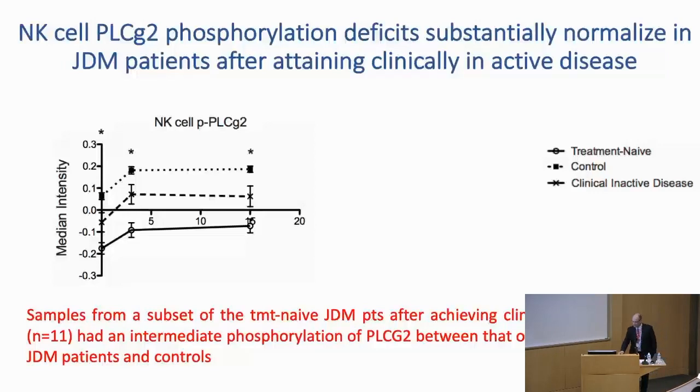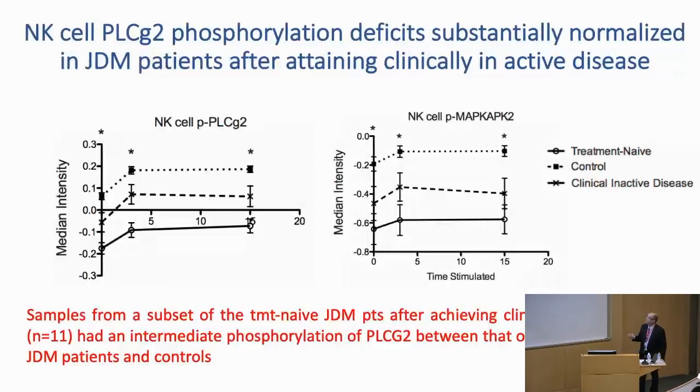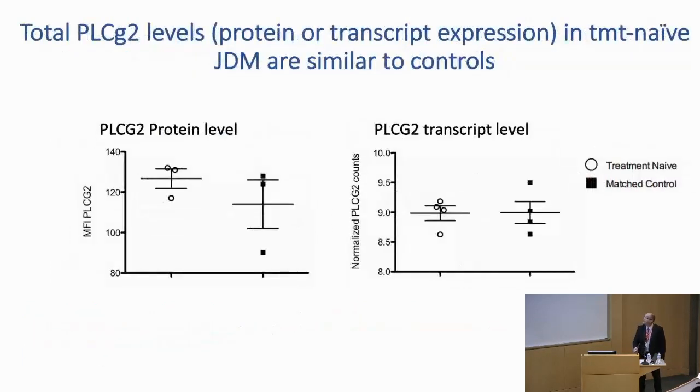And this was also seen when we looked downstream at MAPKAP K2. So is this decreased phosphorylation just because there's less PLC gamma 2 there? We did look at both the protein level and the transcript level, and we did not see any differences.